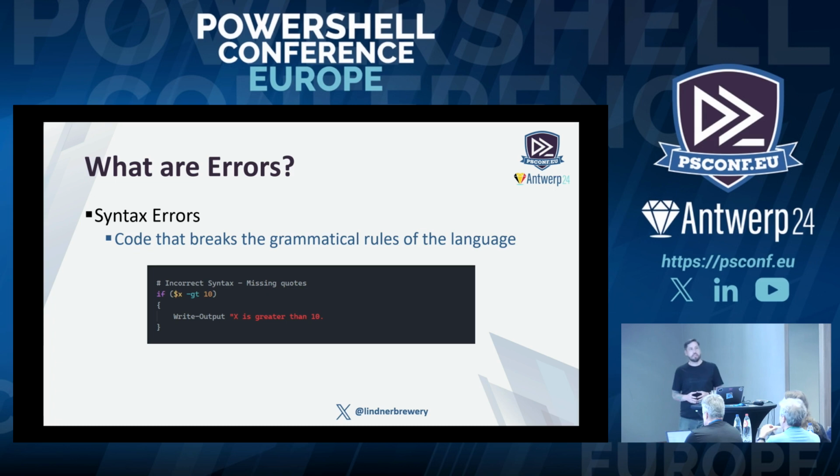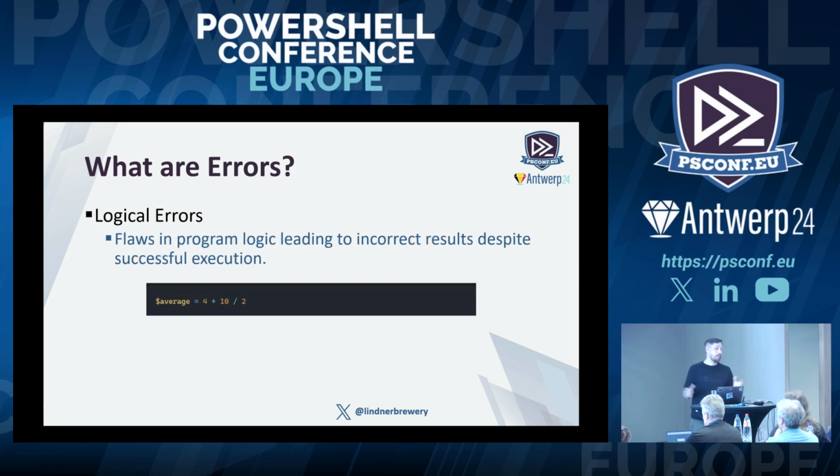So what are errors? When we're coding, there are different kinds of errors. For example, there are syntax errors. That's code that breaks the grammatical rules of the language. For example, here we're missing the quotation marks in the Write-Output. That will break. This is not the kind of error we're going to talk about. Then logical errors, basically flaws in your program logic, which give a wrong result.